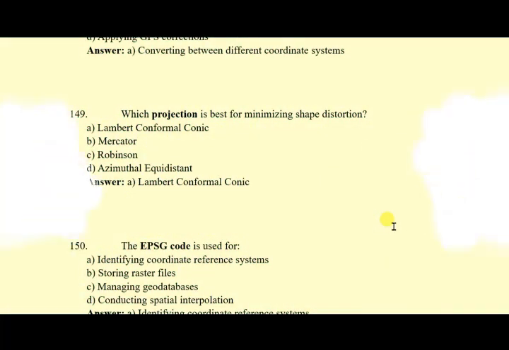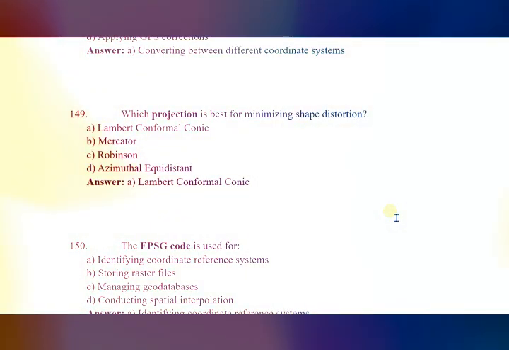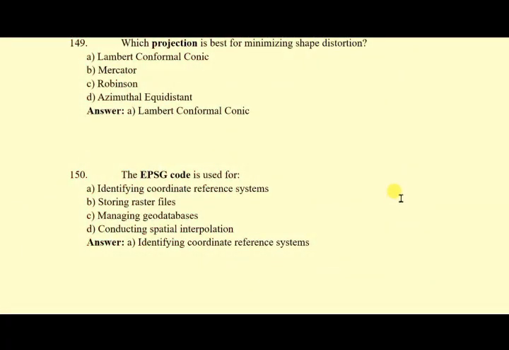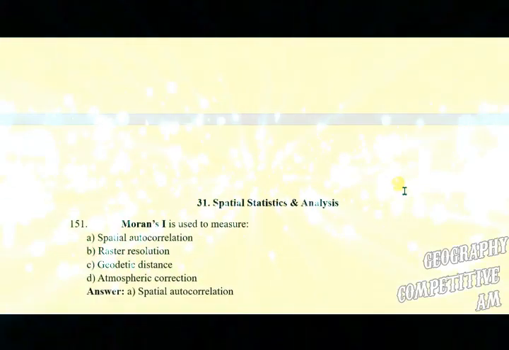Lambert conformal conic, Mercator, Robinson, azimuthal equidistant. Here the right answer will be Lambert conformal conic. 150. The EPSG code is used for identifying coordinate reference systems, storing raster files, managing geodatabases, conducting spatial interpolation. Here the right answer will be identifying coordinate reference systems.